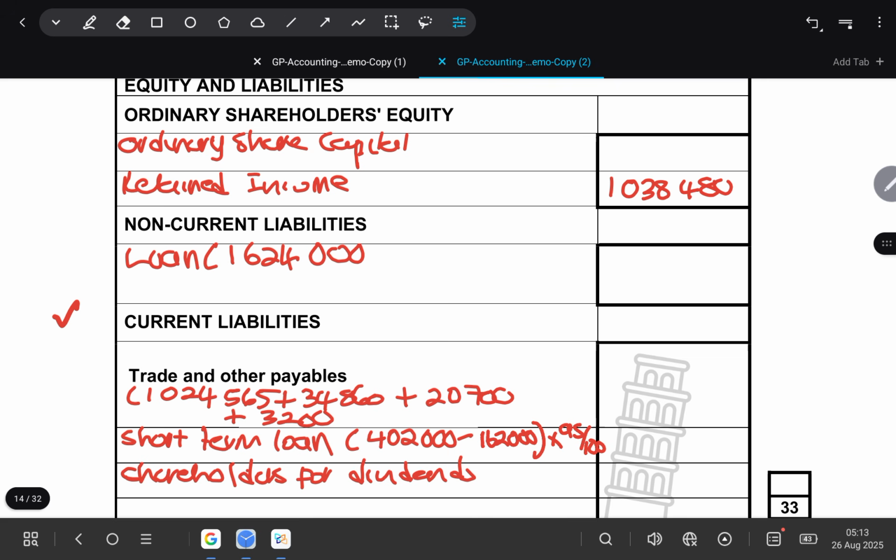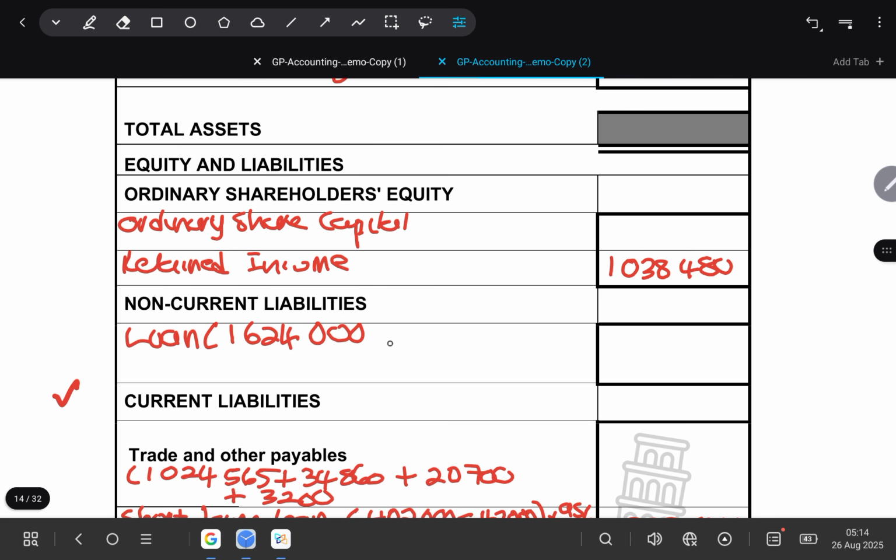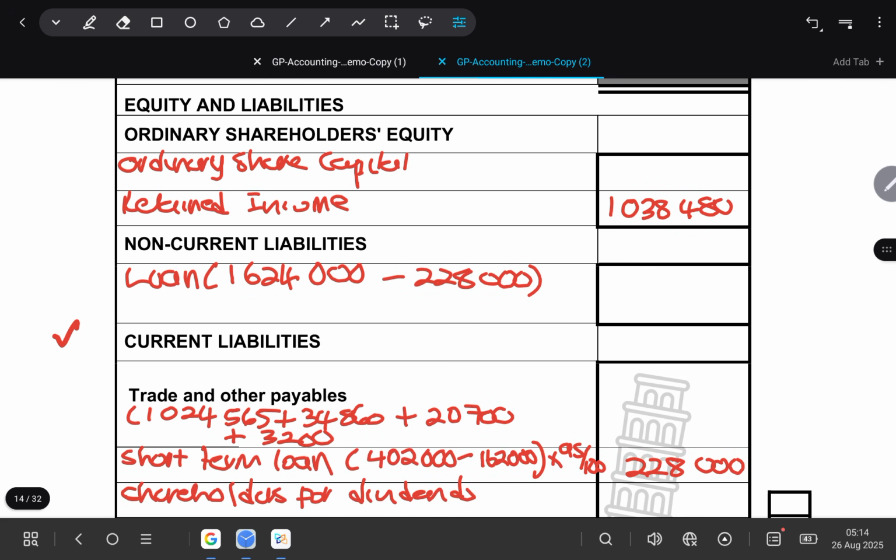402,000 minus 162,000 gives us 240. So 240,000 multiplied by 95, divided by 100, gives us 228,000. So our current portion of loan is 228,000. So it means we can get our loan then.